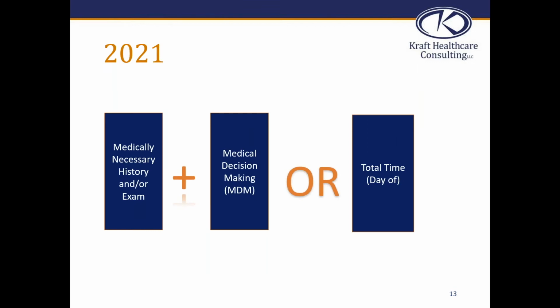But effective January 1st, 2021, we get to say, okay, we're going to choose a CPT code by a medically necessary history and exam, plus the medical decision making. And where we've got medically necessary, we're going to talk about that in a minute, but it's medically appropriate. Or total time, and you notice down there the day of. That's really important for you to remember.